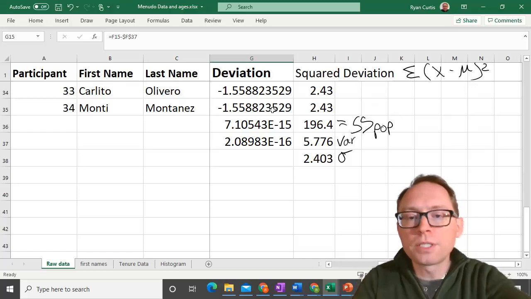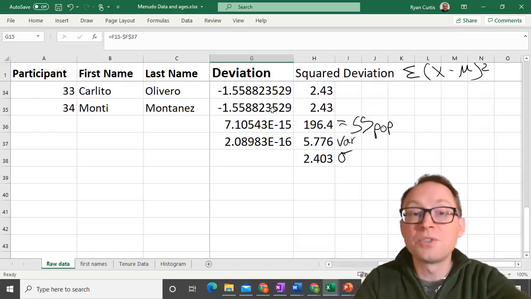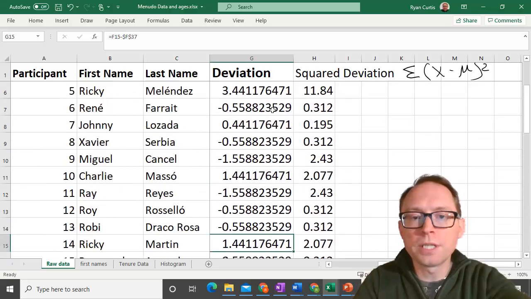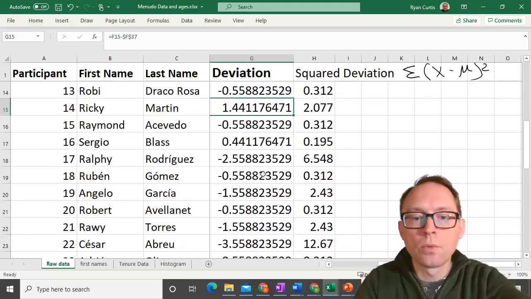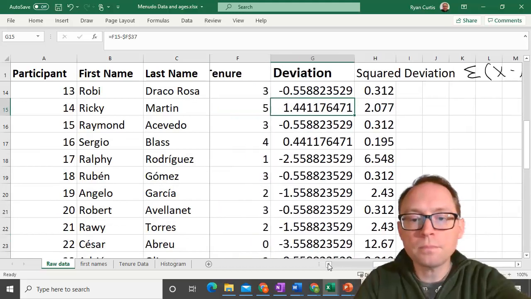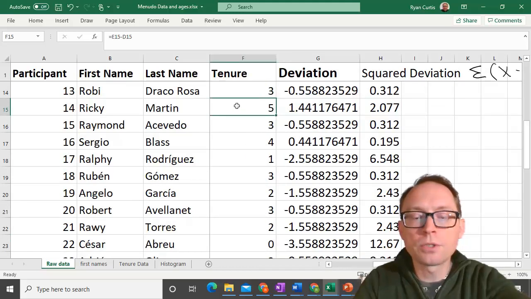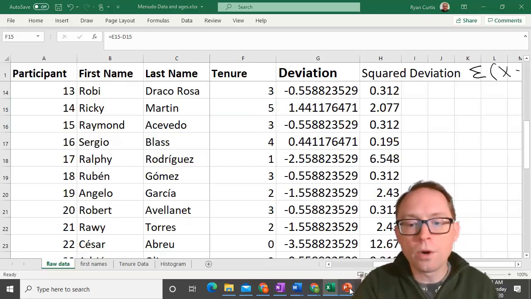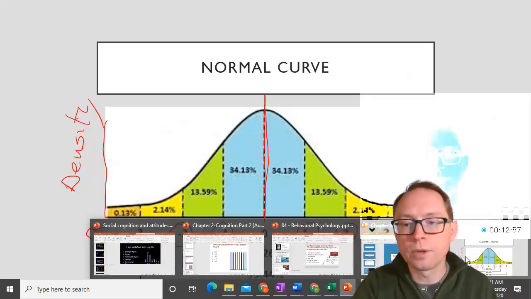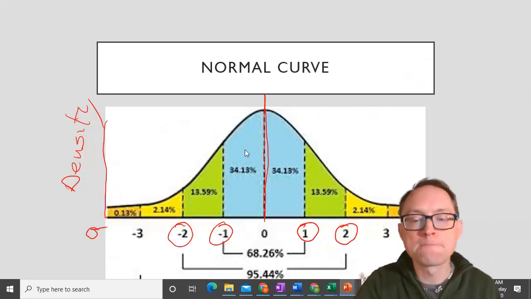What we do instead is we get something called a Z-score. And what the Z-score does is it takes Ricky Martin's score and looks at it, instead of in years, in standard deviations. So follow me on this one. Let's go back to these data.